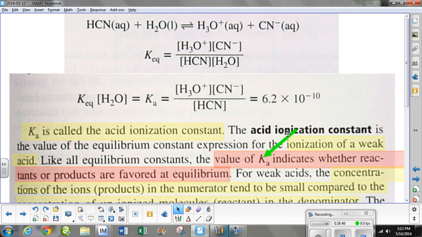Okay, the K sub A indicates whether the reactants or products are favored at equilibrium, and this means that the reactants are favored because we have a power of 10 that's negative, which is really, really small, which means that we don't get much of these.